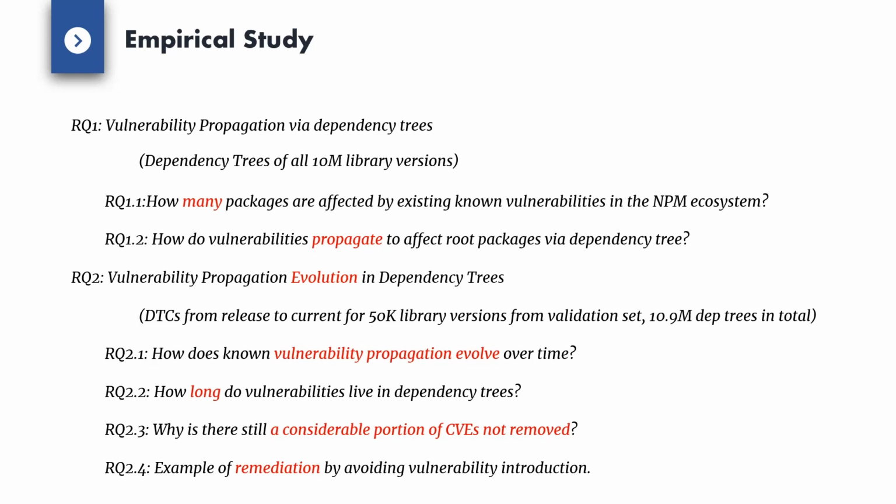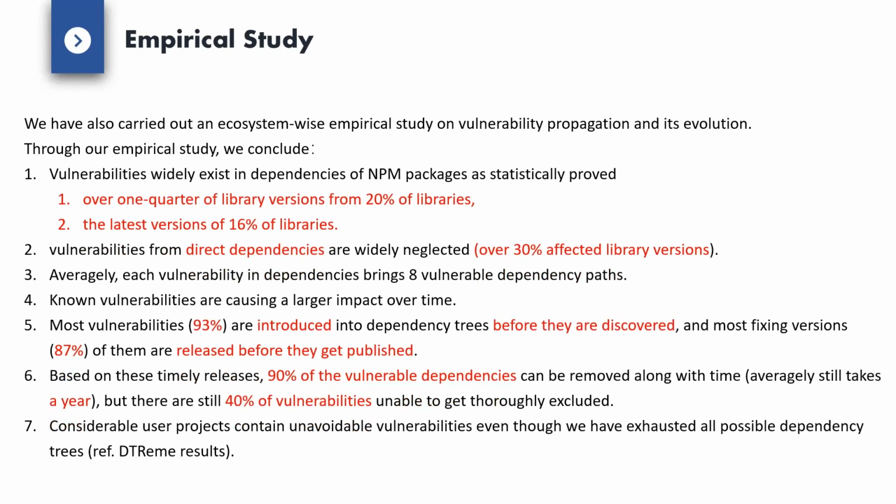And based on our findings, we carry out an application, DT-REAM, to remediate vulnerabilities by avoiding them from being introduced in dependency trees. Here we skip the detailed experiment and analysis procedures and only present some interesting findings due to the time limitation.